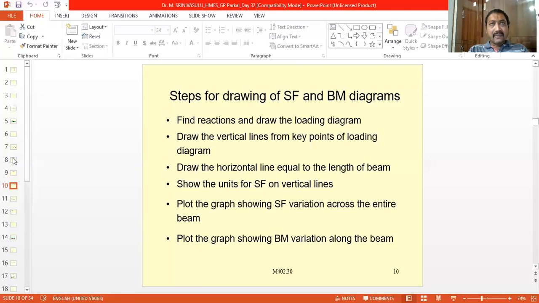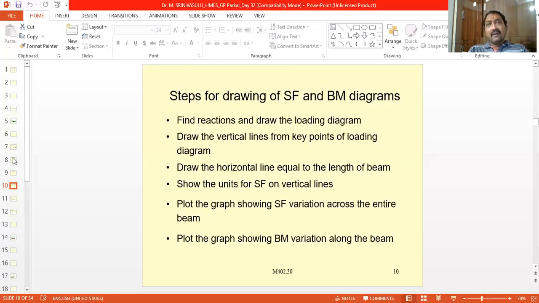The algebraic sum of the vertical forces acting on the beam must be equal to 0 when the beam is in equilibrium. That is, if we take the upward forces as positive and downward forces as negative, then upward forces minus downward forces is equal to 0, or we can say the sum of the upward forces must be equal to the sum of the downward forces.